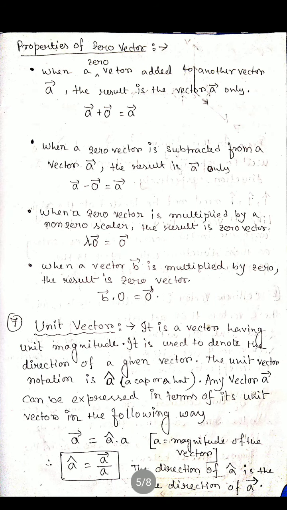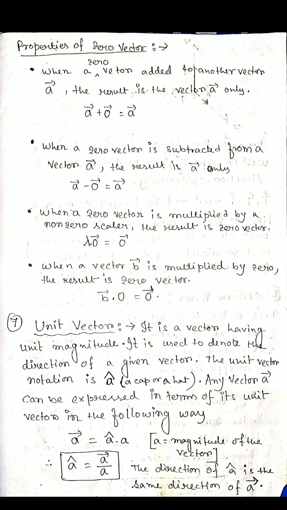Now the properties. The 0 vector or null vector has some properties. What are those properties? In mathematics, if we add 0 to any number, we get that number only. In the same way, when a 0 vector is added to another vector, as a result we get that vector.